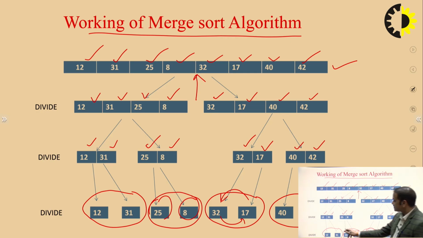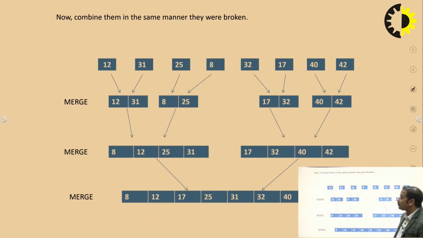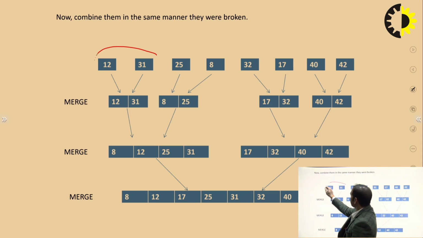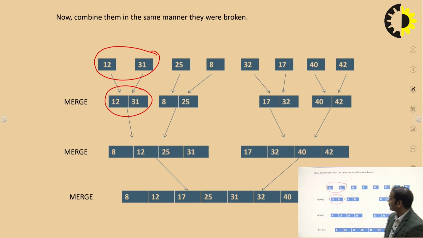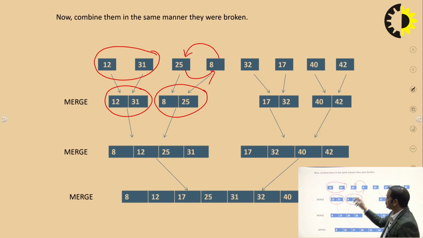After swapping, now we have to combine these. After checking in ascending order, 12 is less than 31, so there is no swapping, and we combine and form 12 and 31. Here, 25 and 8, we swap, and after swapping we combine these two and form 8 and 25.